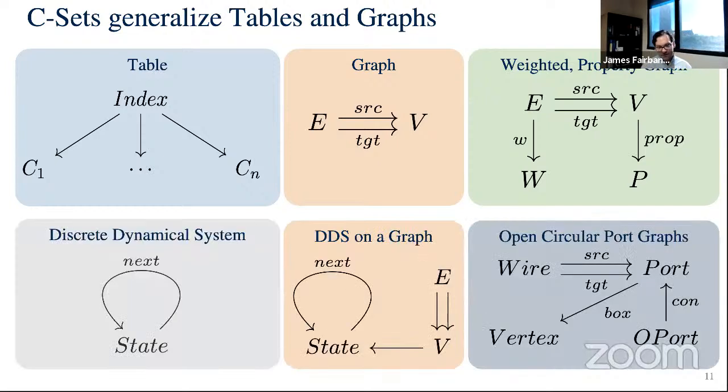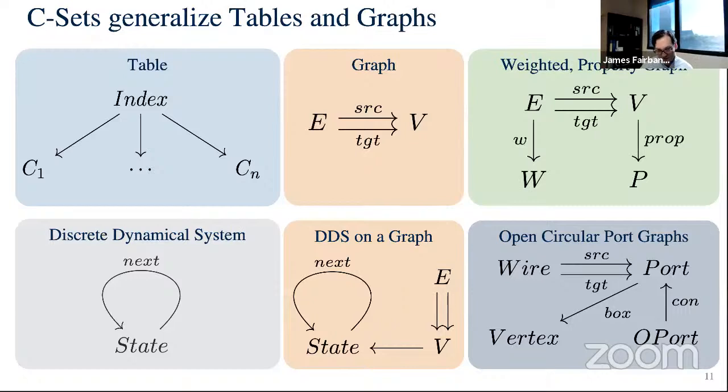Then here are just some more flavors, where you've got discrete dynamical systems. You have one state space and a map from the state space to itself, which picks out for every state the next state. So that's how you would describe a discrete dynamical system.